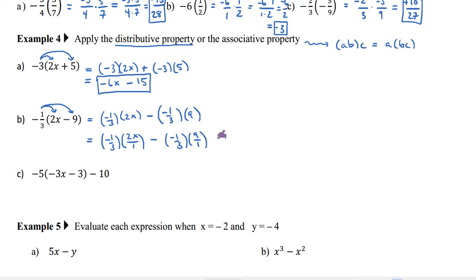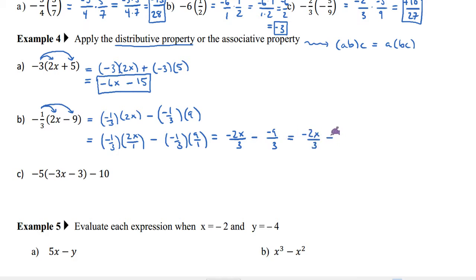And then now simplifying this, we're going to multiply numerators and denominators separately. So we'll have minus 2x over 3, and then minus, this is negative 9 over 3. And we could do a little bit of simplification here. So this is negative 2x over 3, or you could think of it as negative 2/3 x, that's fine.